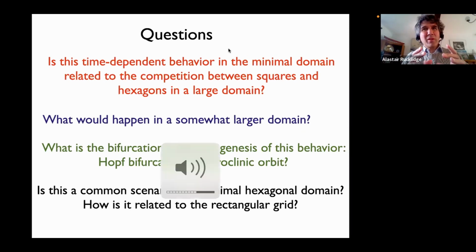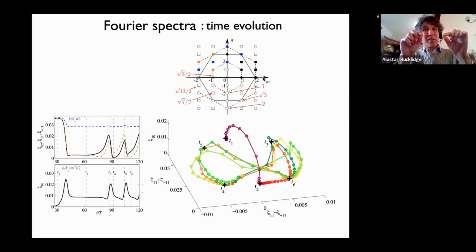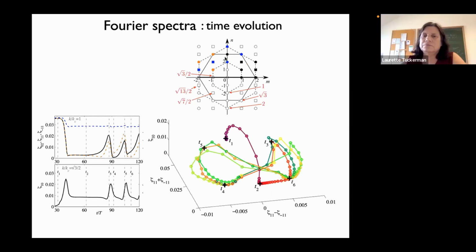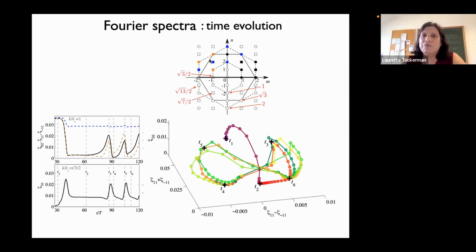You mentioned a larger domain. If you think of those 6 hexagon modes, and the one that's coming up to get involved is sitting halfway between 2 of them. Presumably, if you did it in a big domain, you'd have the ones halfway between the other 2 and the other 2. So all 6 extra ones could well get involved, which are not presently part of the grid. Yeah, that's right.